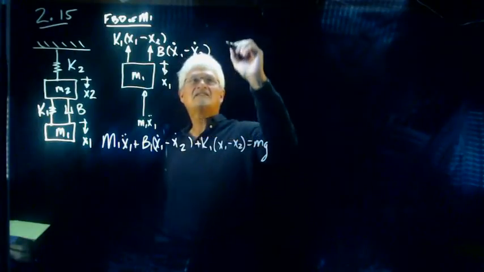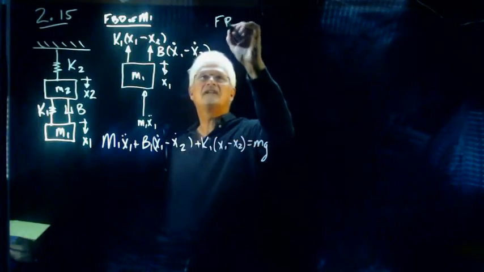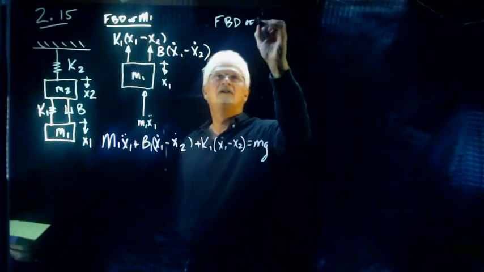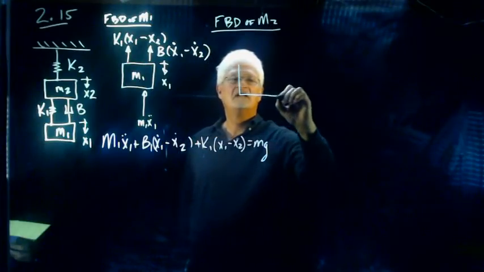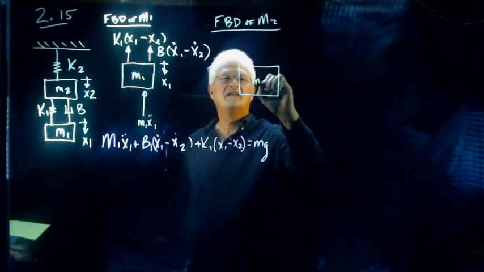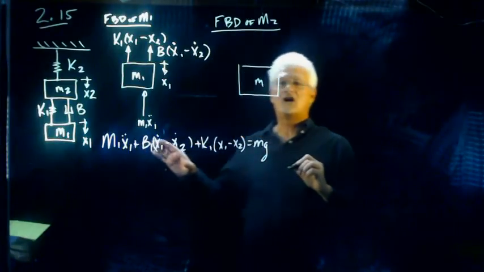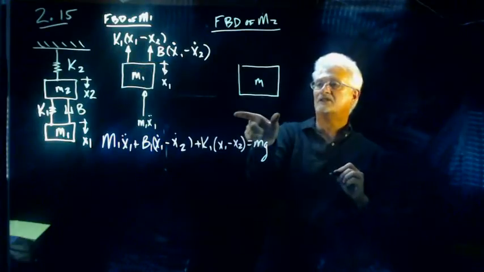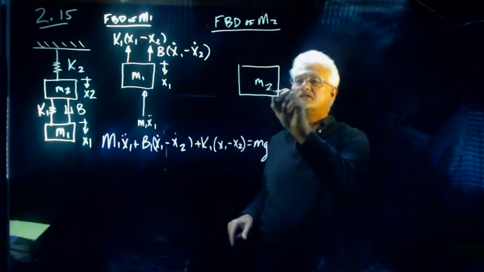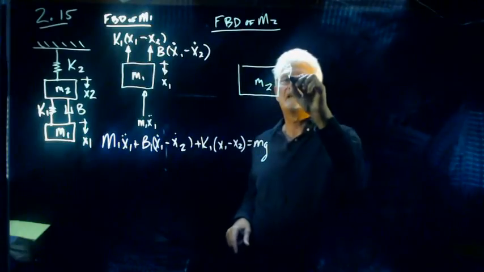So let's go ahead and do a free body diagram of mass 2. It is possible at this point that I can just use Newton's third law to transfer these forces from mass 1 directly to mass 2. I'm going to establish my datum.